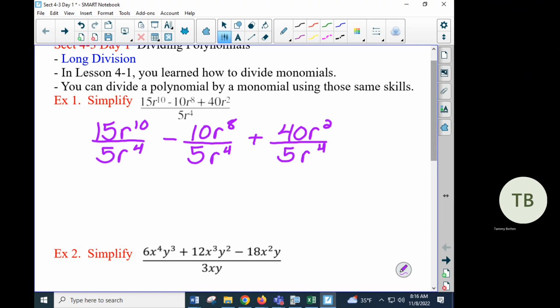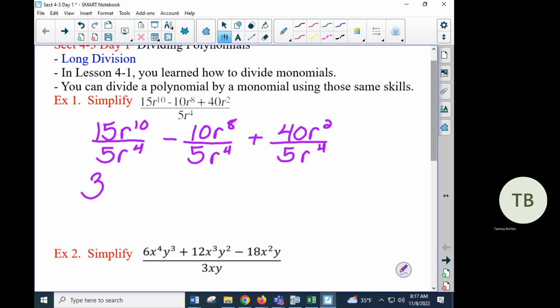And this we did last week. So if it's 15/5, those numbers you just reduce. What's 15 divided by 5? 3. And then you think if you have 10 R's on top and 4 R's on the bottom, do you guys remember what you do with those exponents? Do you add them?